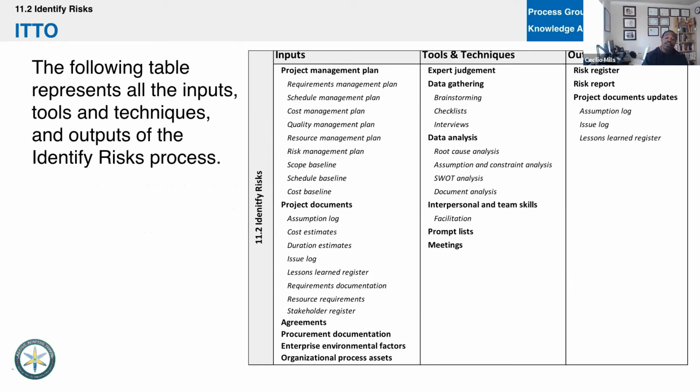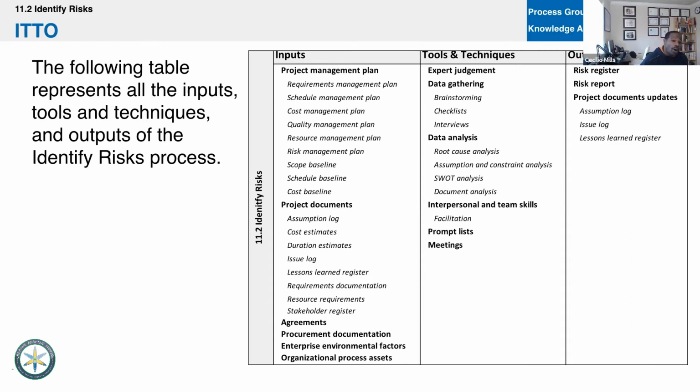We're taking a look at all the stuff, even in our contracts. There could be language that's not favorable to our position on the project. Our procurement documentation, maybe we're going to get 100 questions at the bidders conference. EFs and OPAs, right? What's the legal and the market risk? There could even be company policies that aren't favorable to what we're trying to achieve on the project. So we want to look at that too.